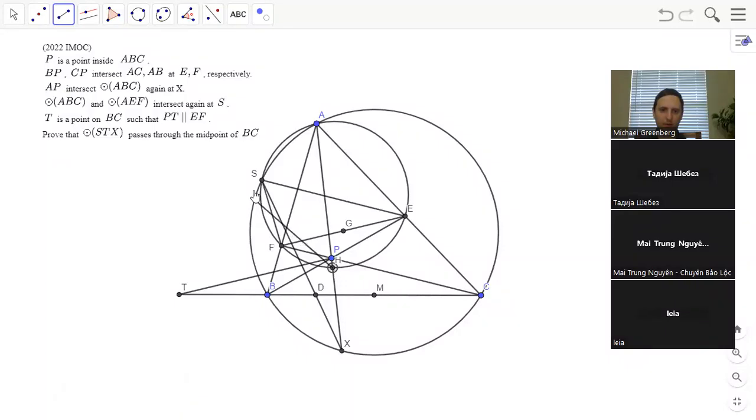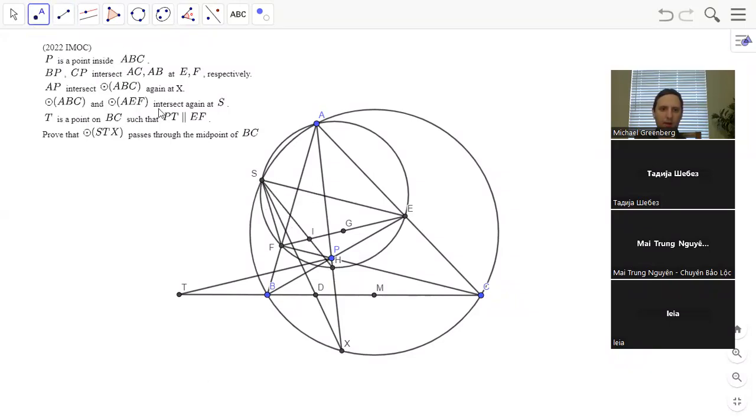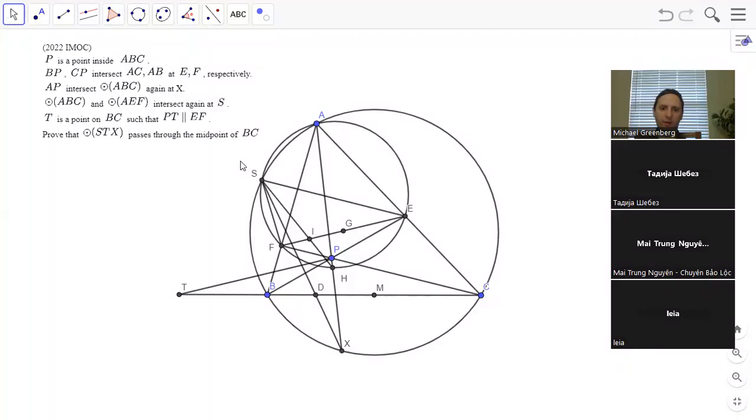Does X correspond to this, to H, and B corresponds to I? I think that might be the case because angle FSH is FAH is BAX. So I think that's true. I think H goes to X and I goes to D.